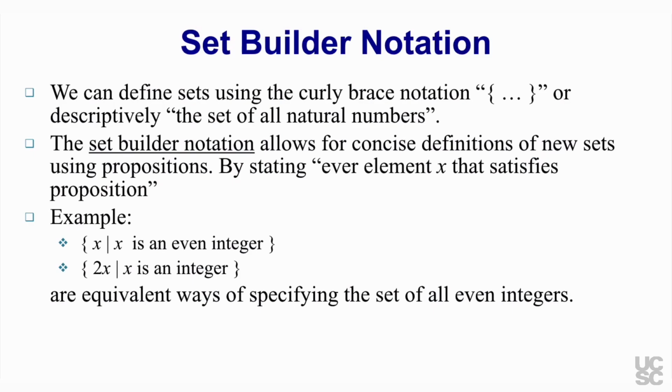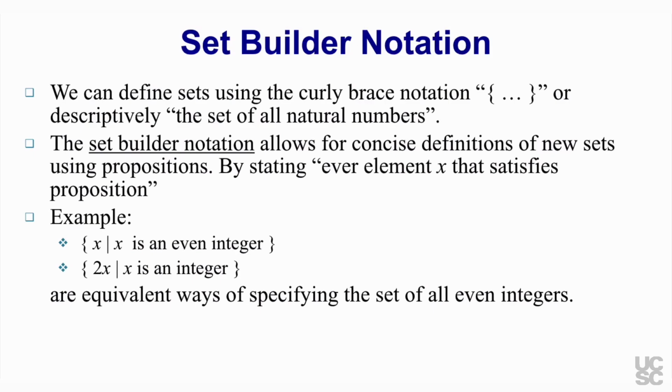For such purposes, when we want to give a descriptive statement of what a set is, we use what is called the set builder notation, which allows for a very concise definition of any type of set we want to discuss. And we essentially state in the set builder notation that every element of a set satisfies a particular proposition. And remember that a proposition is a statement that is true or false, but not both.